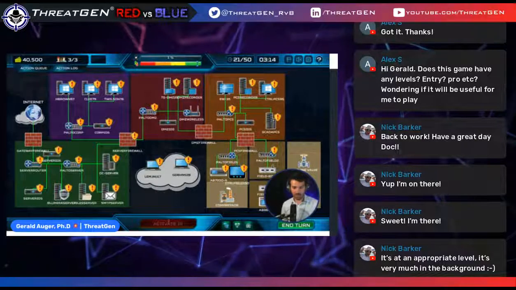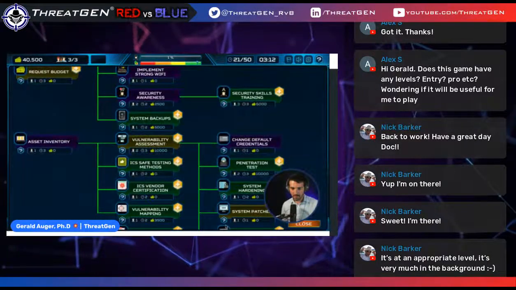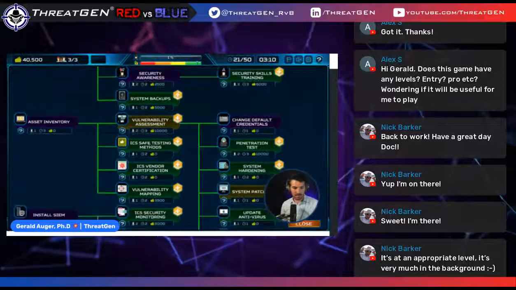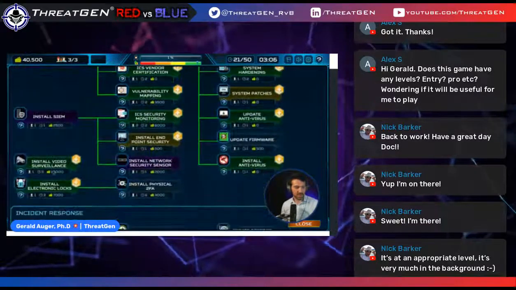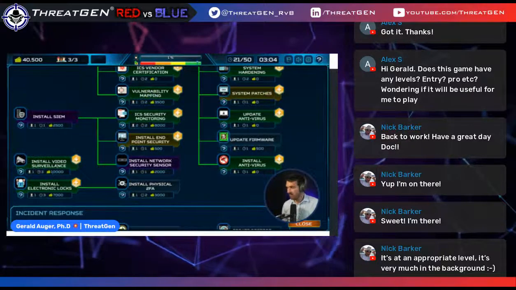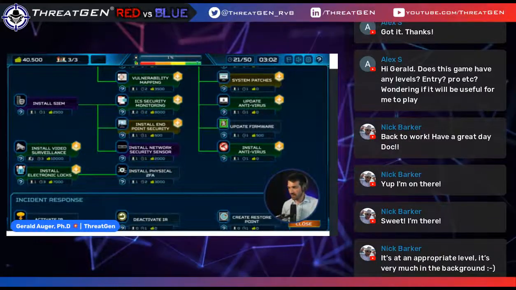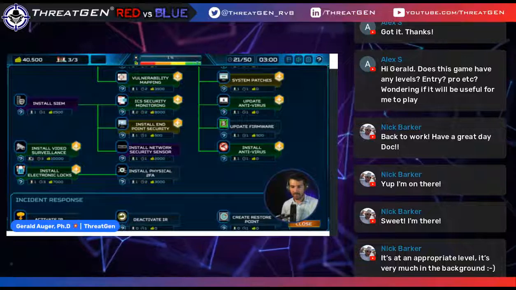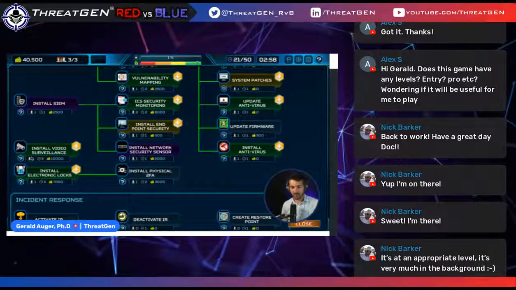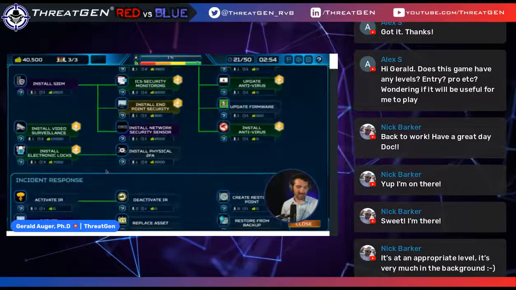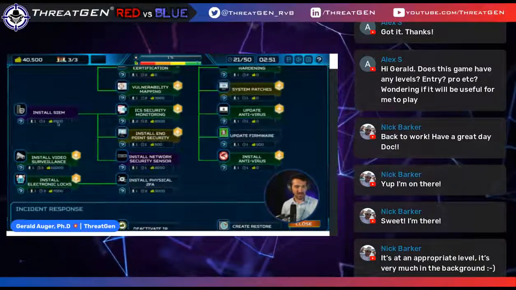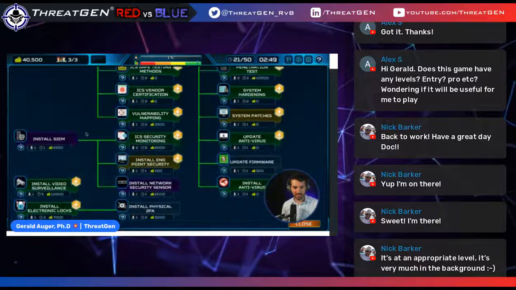All right, so we got three things. Let's see. ICS security monitoring. See, here's my thing. This video surveillance is quite appealing to me because it's going to keep an eye on the actual operational technology area where random people are walking around. But it's 10 grand. A SIEM is a quarter of that, right?